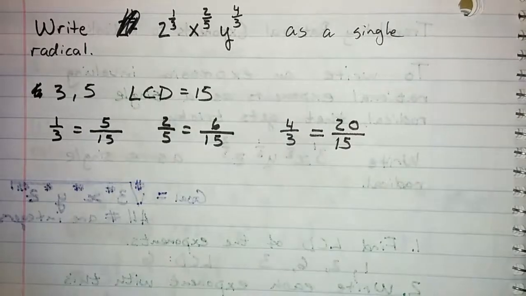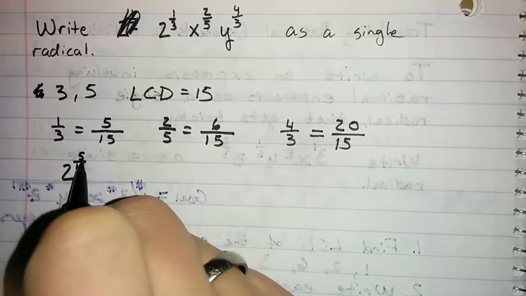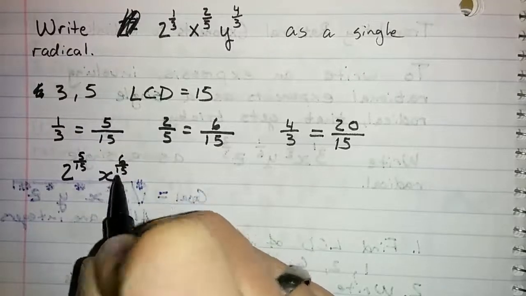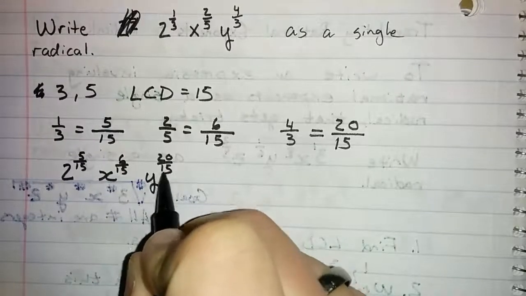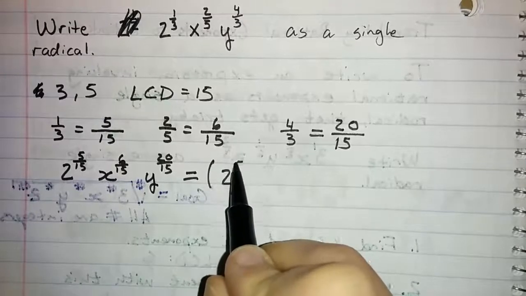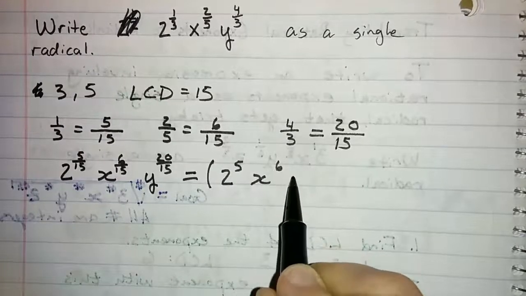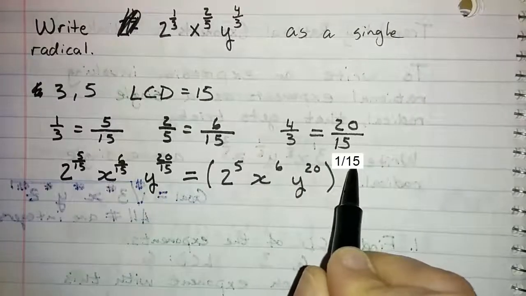My original expression then is 2 to the 5/15, x to the 6/15, y to the 20/15, and that'll be 2 to the 5th, x to the 6th, y to the 20th, to the 15th.